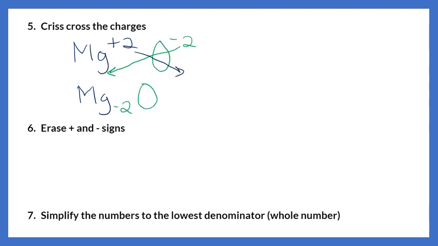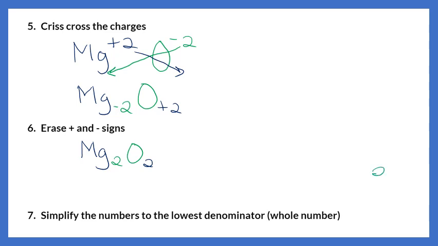Okay, now step 6 says to erase the plus and minus signs. So we should have Mg2, O2. And then lastly, step 7 says to simplify the numbers to the lowest denominator.